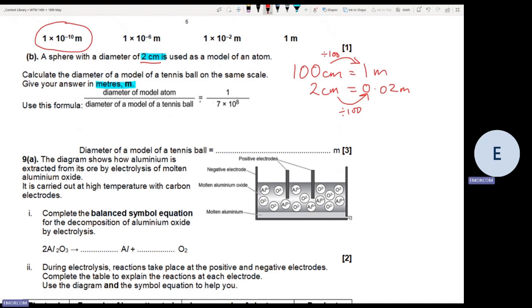And then we want to know what's going on here. So use the formula diameter of the model atom divided by diameter of a model of a tennis ball is equal to 1 divided by 7 times 10 to the 8. So I need to put in my model of the atom up here, 0.02, and I'm trying to find the diameter of the model of a tennis ball. So I'm going to do multiplying by 7 times 10 to the 8 on both sides.